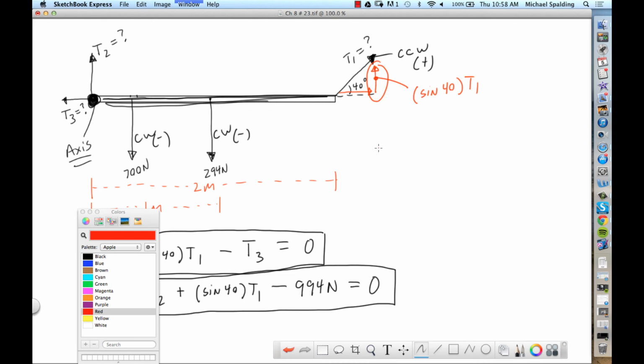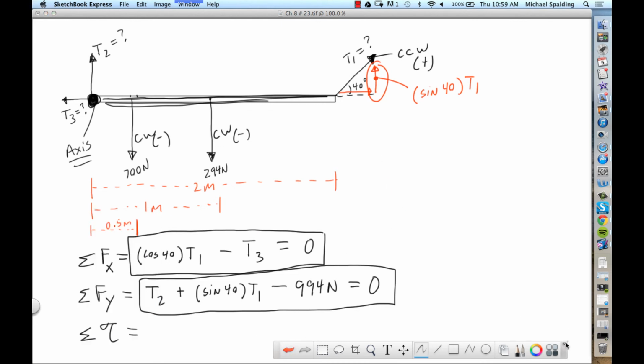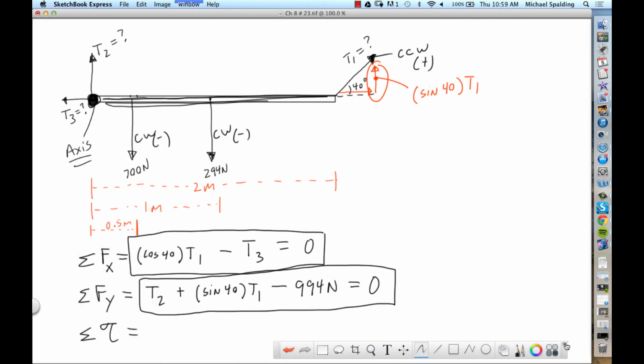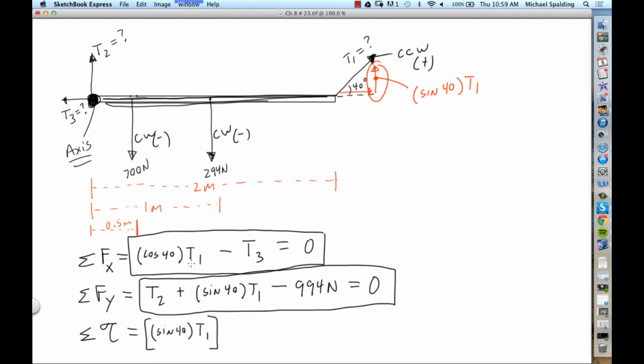Everybody see that? And that's what we're going to use. We'll use sine 40 T1. Okay, so you're going to go like this. So sine 40 T1, that's the force. Now what's the distance perpendicular to that? 2 meters. So now we made them perpendicular.